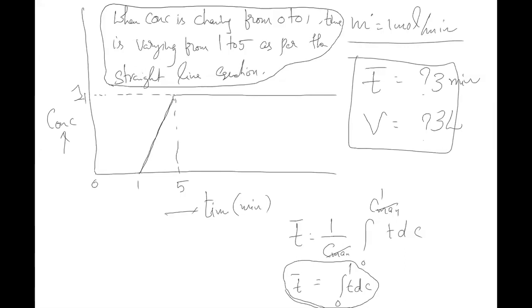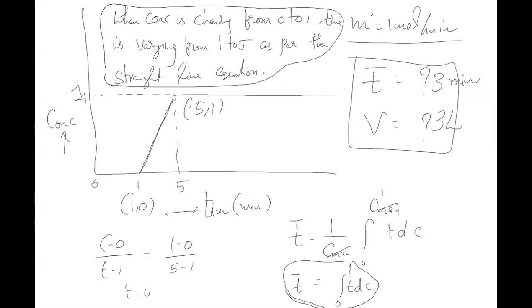Now, how do you write the straight line equation? What are the points? 1, 0 and 5, 1. So, how do you write the straight line equation? (C minus 0) by (T minus 1) is equal to (1 minus 0) by (5 minus 1).